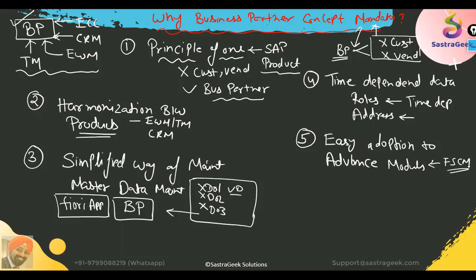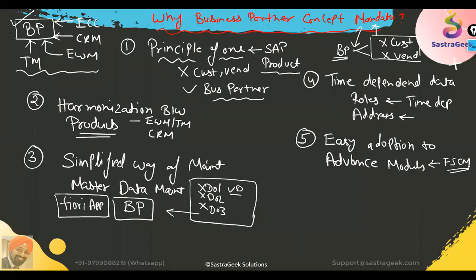So what was happening is that whenever a customer wanted to switch to FSCM, there was a hesitation that first they needed to rework their master data. They needed to convert their customer and vendor into the business partner, and then they could go ahead with the adoption of these new modules.